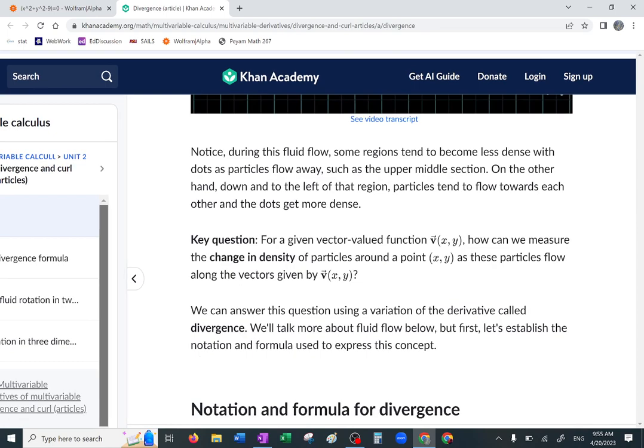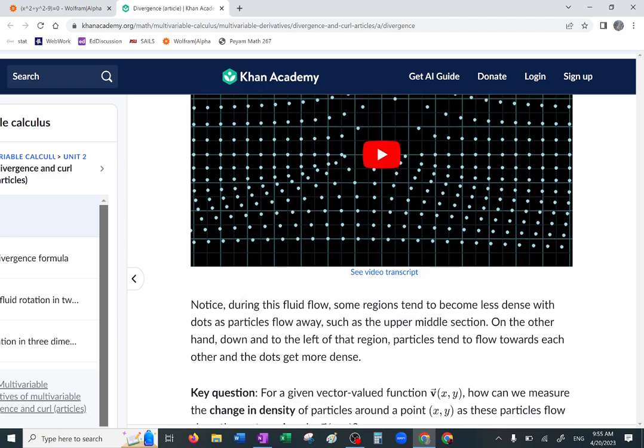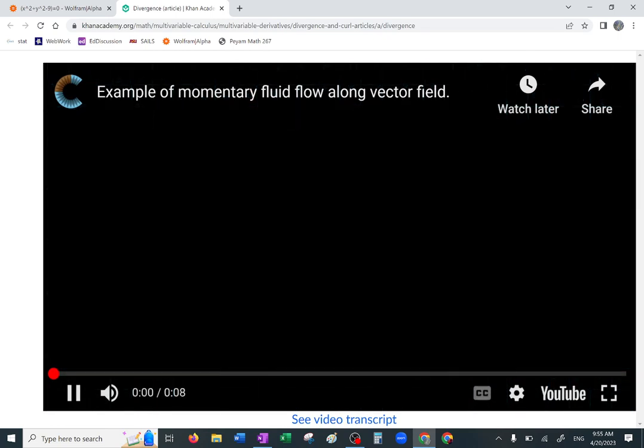And then they say that during the fluid flow, some regions tend to become less dense with dots as particles flow away, such as the upper middle section. On the other hand, in other regions, particles tend to flow towards each other and dots become dense. Do you recognize this amazing channel? I hope you did.